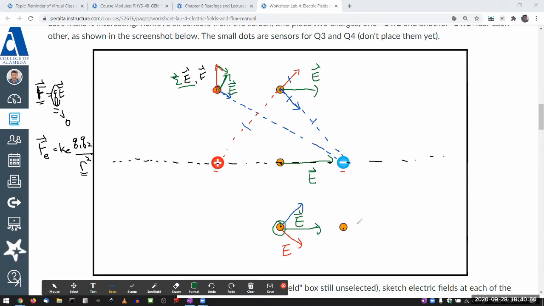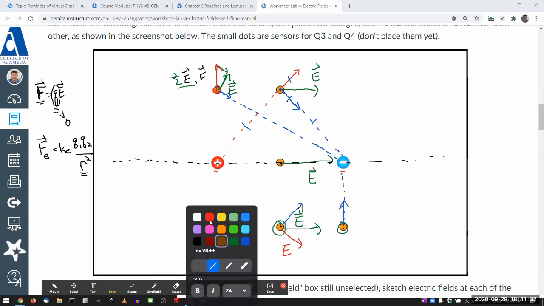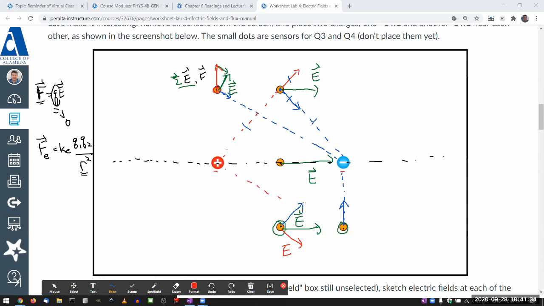I need a little more careful work with this last test charge. Let me just work through this one normally. So I'm going to do the same thing that I did up there with this test charge. So the negative source charge here should be exerting an attractive force along the line connecting the two. So here's the attractive force. And the positive source charge should be exerting a force that's pointing away.